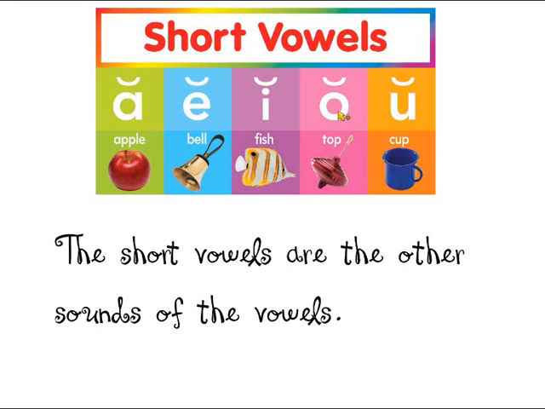And finally, the short sound of the vowel U is u, like cup. Good. So it's a, e, i, o, u. These are the short sounds of the vowels.